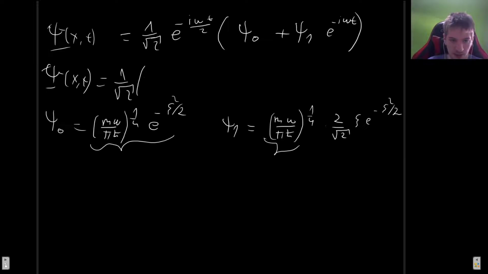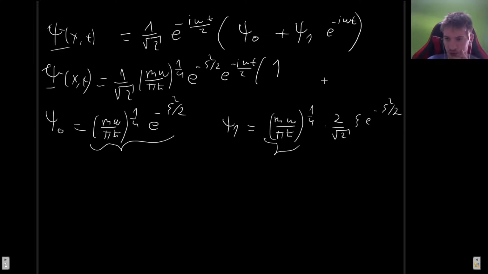So now we have (mω/πħ)^(1/4) times e^(-ψ²/2), e^(-iωt/2) times, well, ψ0, now this is just going to be 1, plus, and here we are going to be left with 2 divided by the square root of 2 ψ e^(-iωt).